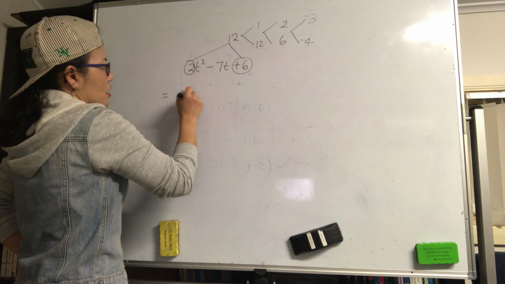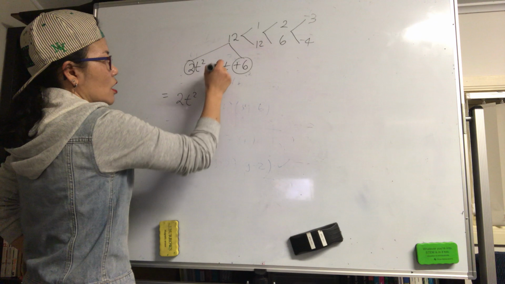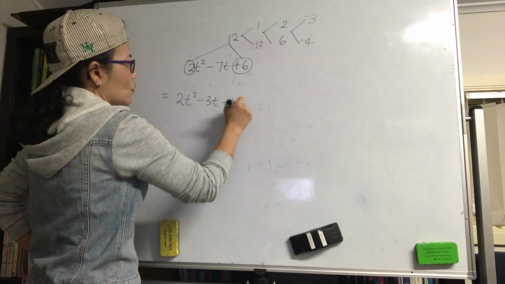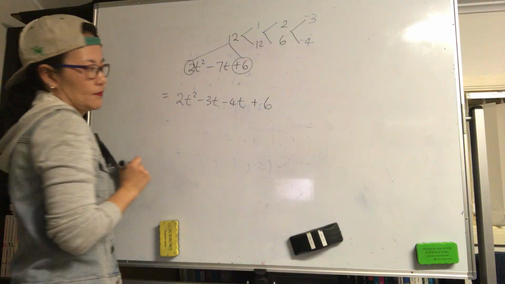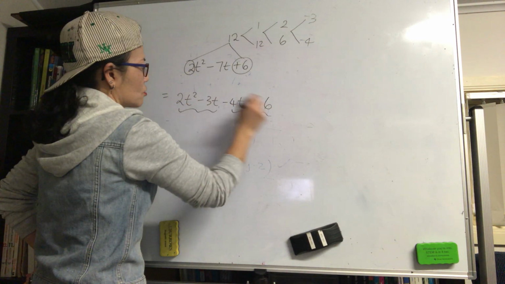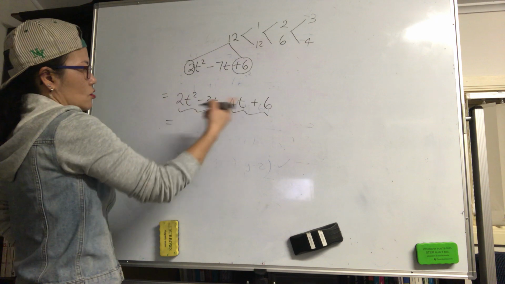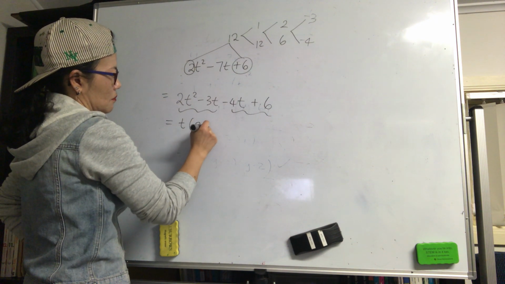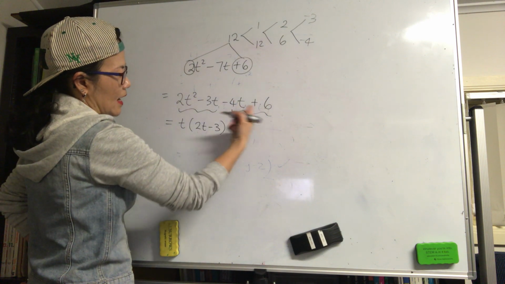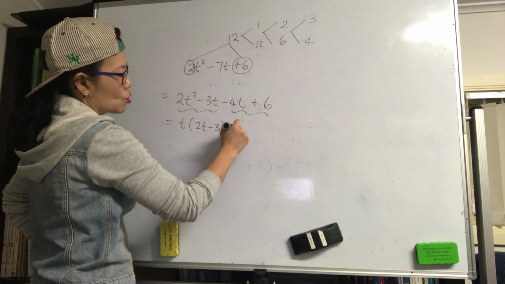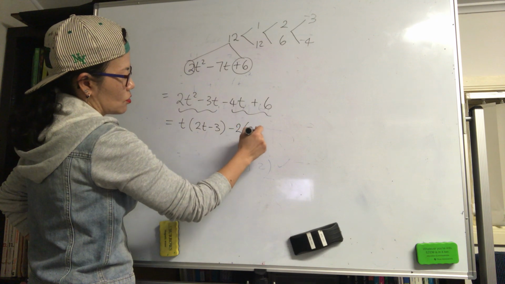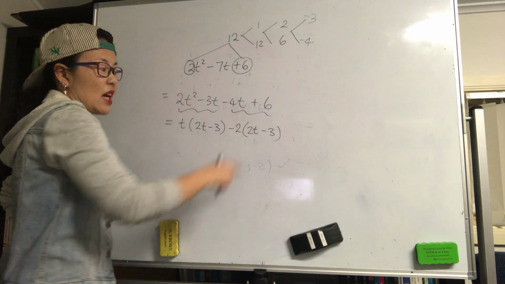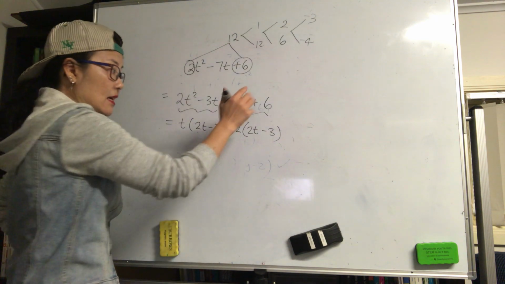So I'm going to split this minus 7t into minus 3t minus 4t plus 6. Okay, and then I'm going to group. Make it into two groups here. What's the common factor here? t. It'll be 2t minus 3. I'm going to take minus 2 here. If I do that, 2t minus 3. Why? You might say, how did you get minus 3 from 6?